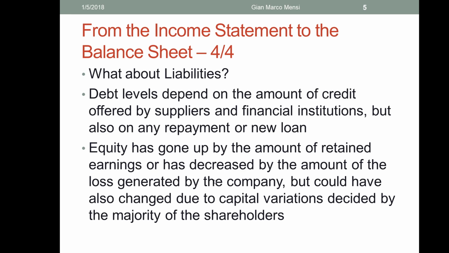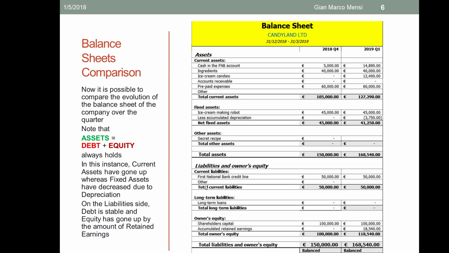Equity, instead, has gone up mainly because of the net income, or decreased in case of a loss. But it could have changed for other reasons too. There could be capital variations decided by the majority of shareholders, such as a capital increase or a capital reduction. So we have to see what has happened to our firm.